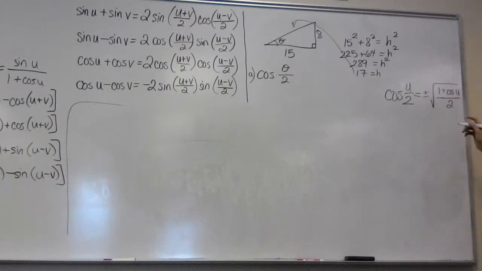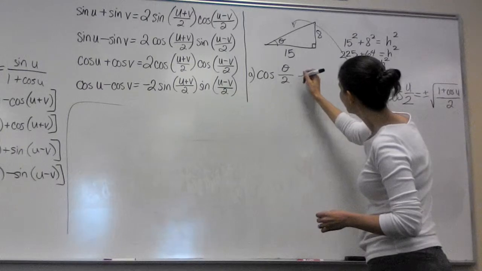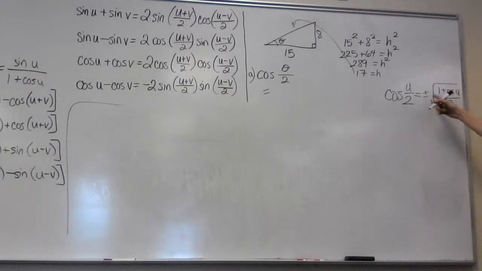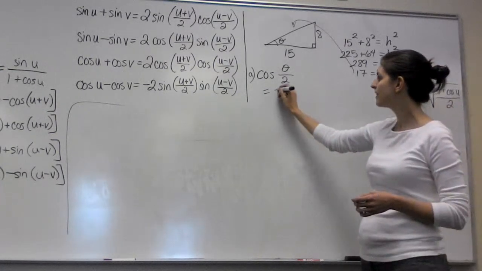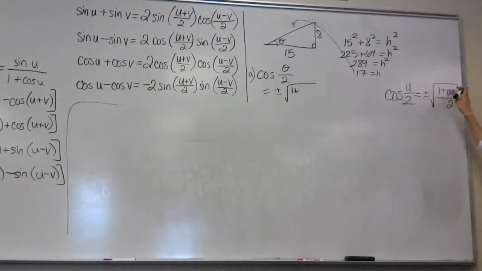Now I want to point something out to you. In this formula, you have u over 2 as an angle, and you have u in the formula result. So cosine of theta over 2 is equal to plus and minus the square root of 1 plus the cosine of what?